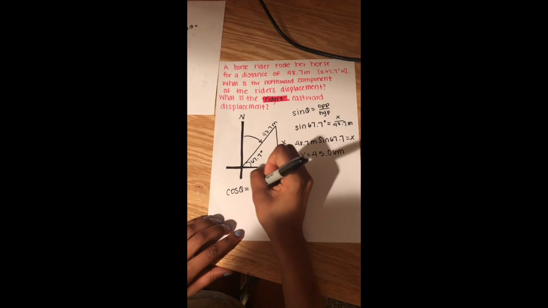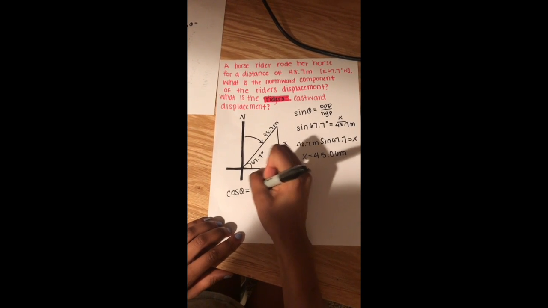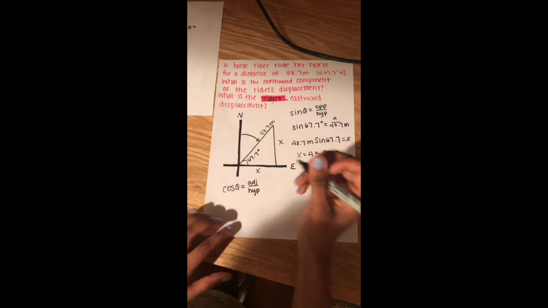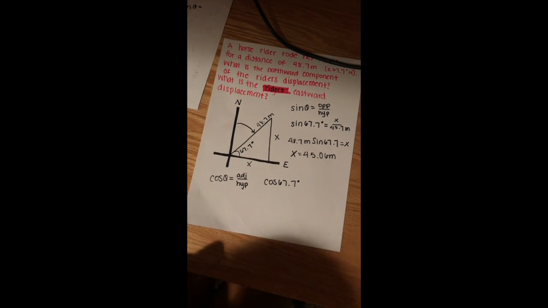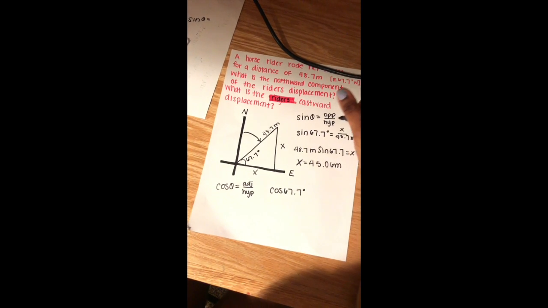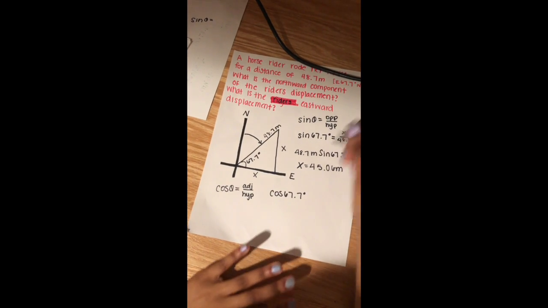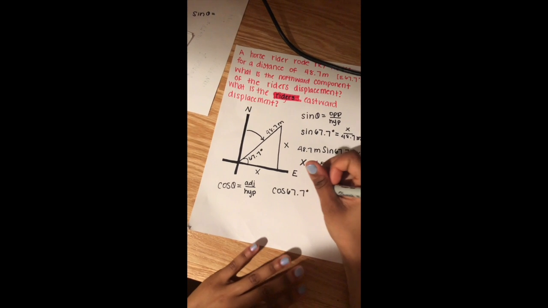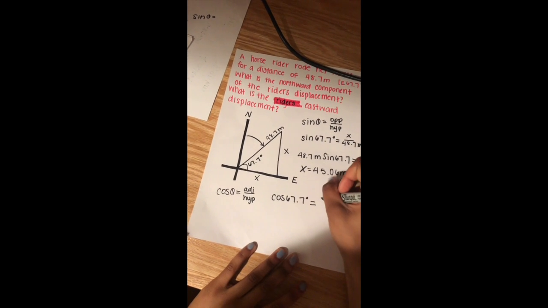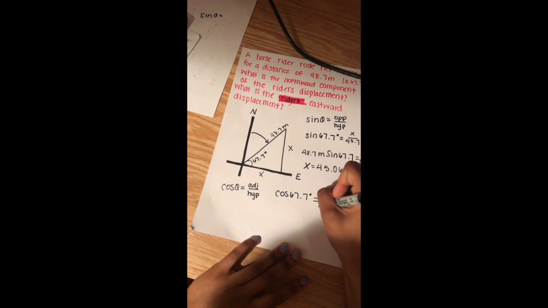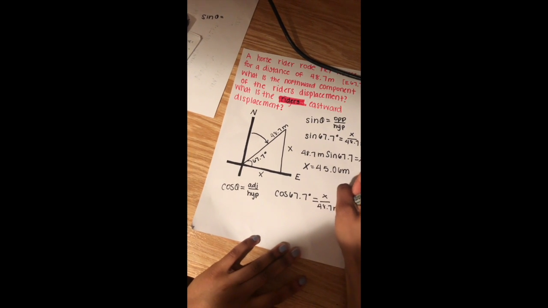For the second part of the problem, you use cosine because you want to find this. The equation is cosine theta equals adjacent over hypotenuse. Then you plug it in: cosine of 67.7 degrees equals x over 48.7 meters.